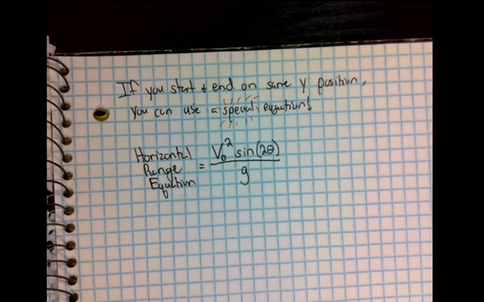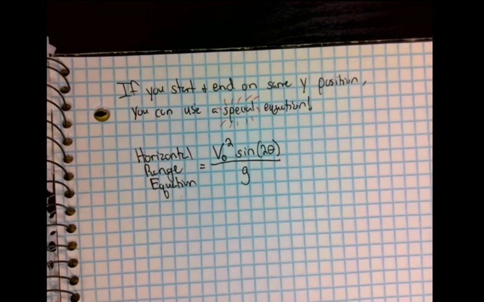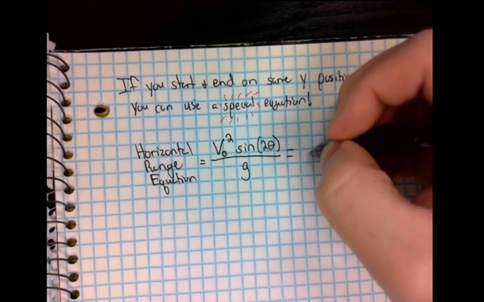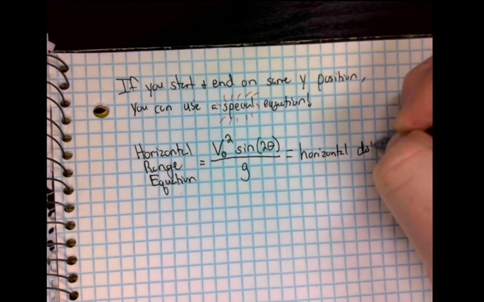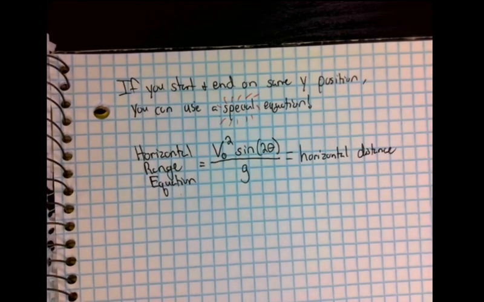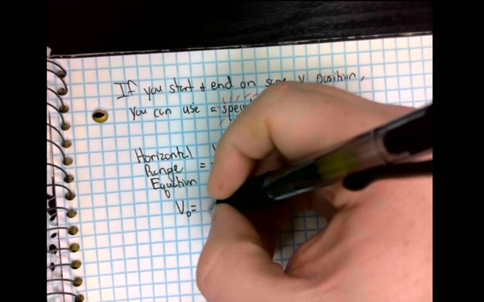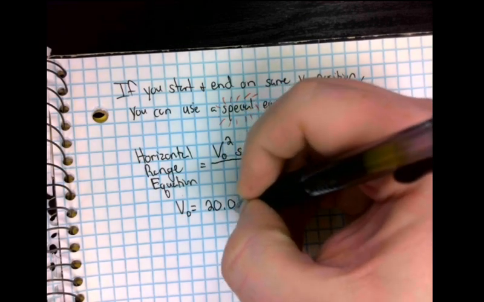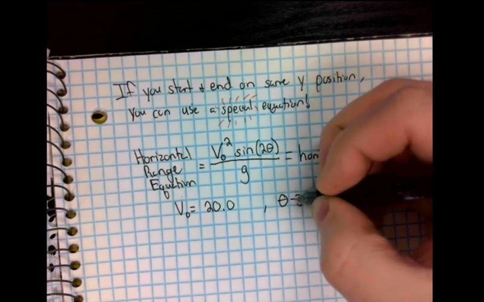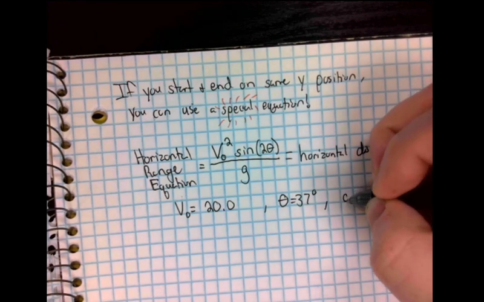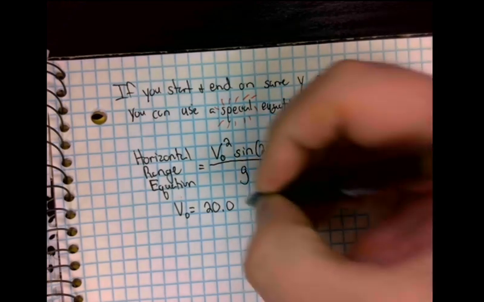That will actually tell you how far you will shoot something. And as a test for that, it only works if they're going to end up on the same y position. In this case, the range will equal the horizontal distance, or the horizontal range. So going back to our football example, our v naught was 20.0, our theta was 37, and gravity in this case is normal, 9.8 meters per second squared.